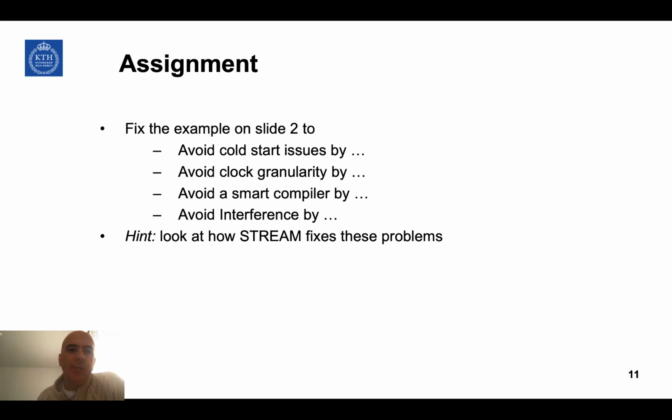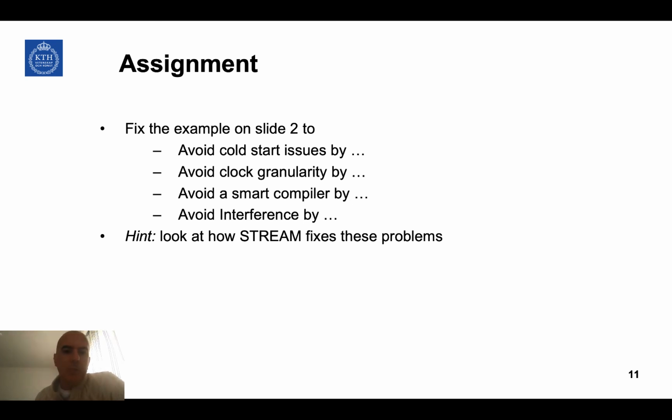So part of the assignment will be to solve the problems of the code that I showed in the very first slides. We will ask you how to avoid the cold start issue, how to avoid the clock granularity problem, how to avoid and check that the compiler is not smart enough to eliminate some code, and how to avoid the problem of interference and in general of the performance variability.